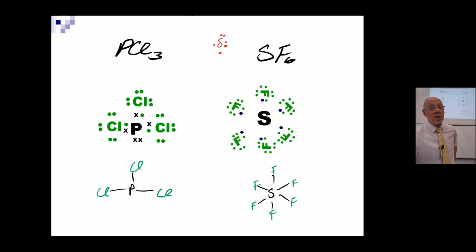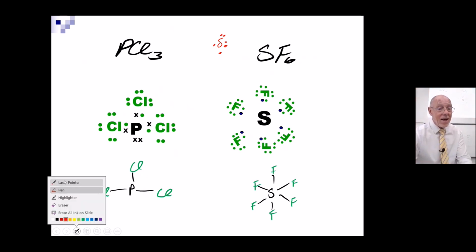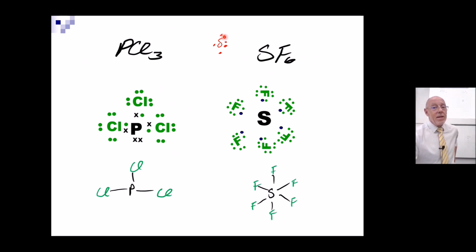Sulfur's actually got 6 in its outer shell. You can see them there. Where are you getting 3 from? No, it would only need 2. Normally we would say, look, sulfur's got 1, 2, 3, 4, 5, 6.